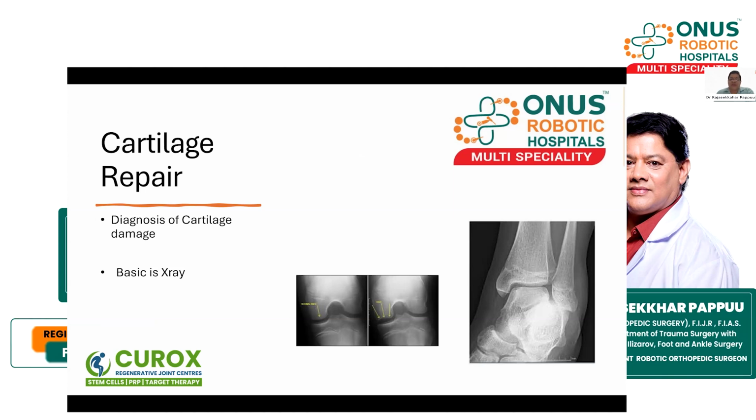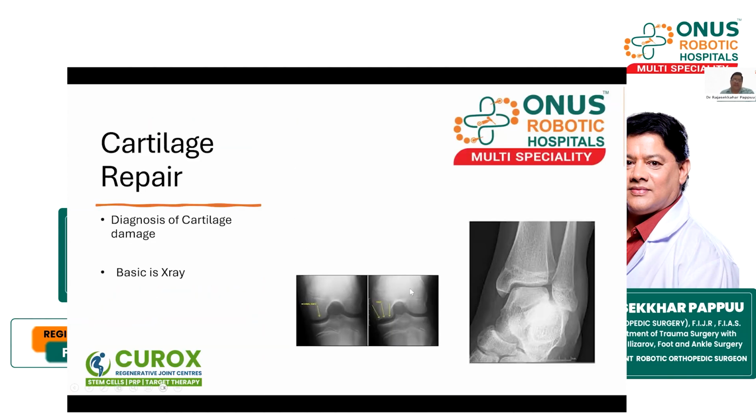Mainly if you have a cartilage damage in the ankle, knee, and hip, you will definitely come to us with pain or restricted function, where we will start exploring the options and find out why you are having pain. So the most common and simplest form of diagnosis is x-ray.